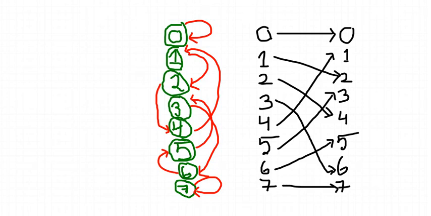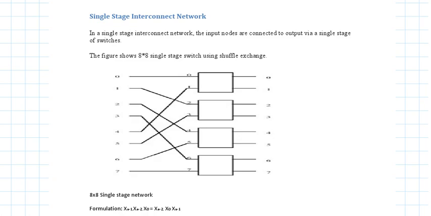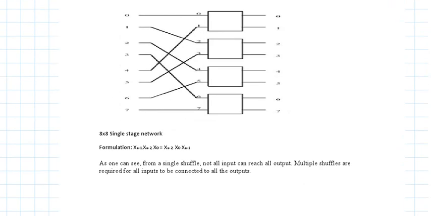Now the question might arise: is this connection arbitrary, or is there some mathematical formulation behind it? In computer science, there is nothing arbitrary. Behind every theory, there are some mathematical formulations, and the mathematical formulation here is this one.